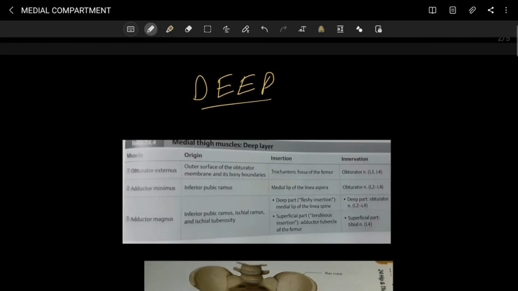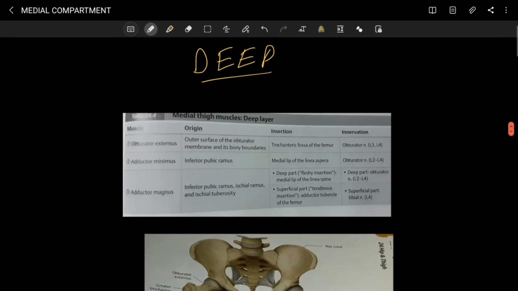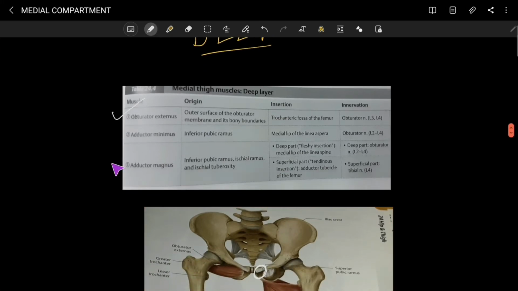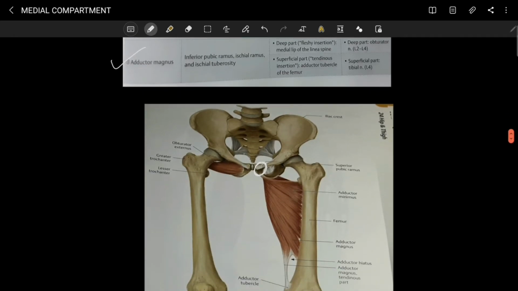Okay, so now let's explore the deep muscles of the medial compartment. So the deeply seated muscles here are the obturator externus muscle and the adductor magnus muscle, right here, these two muscles. This is the obturator externus muscle.